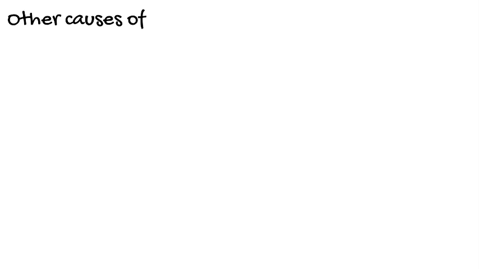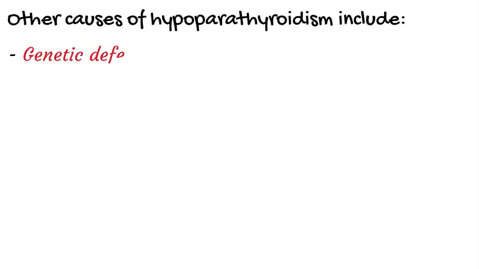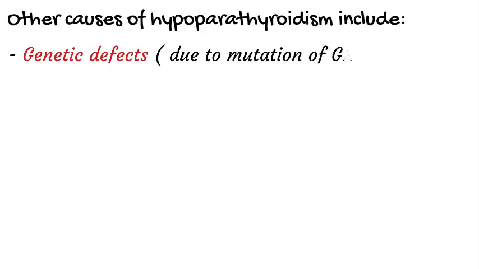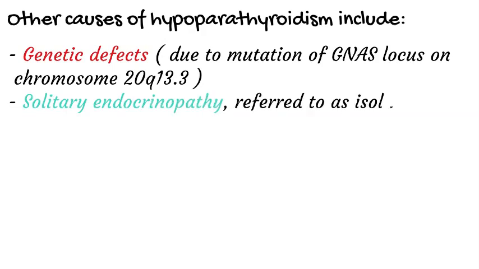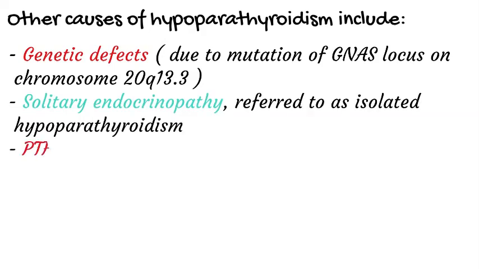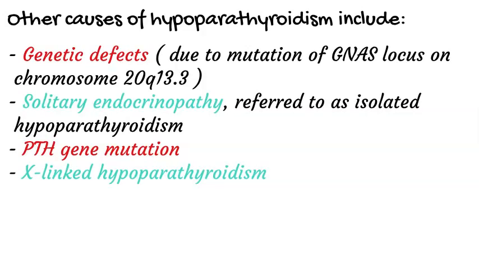Other causes of hypoparathyroidism include genetic defects due to mutation of a gene locus on chromosome 20q13.3, a solitary endocrinopathy referred to as isolated hypoparathyroidism, PTH gene mutation, and X-linked hypoparathyroidism.